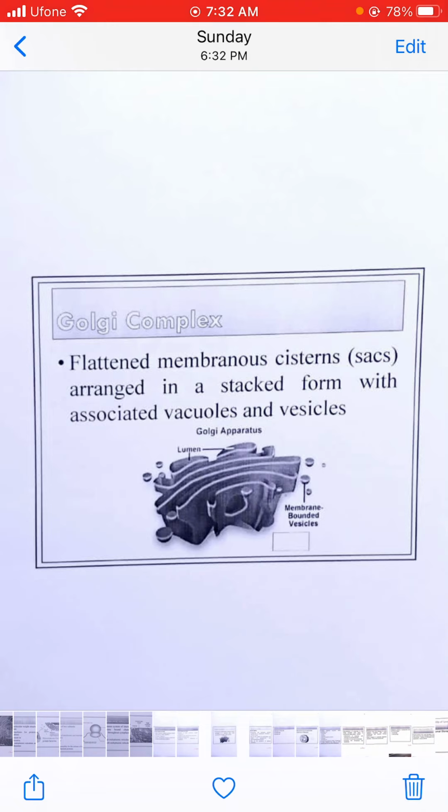Here you can see the Golgi apparatus. The central part is known as the cisternal part, while other vesicles are also present which are associated vacuoles or vesicles. And this whole structure is known as flattened membranous cisterns or sacs. This is the definition.